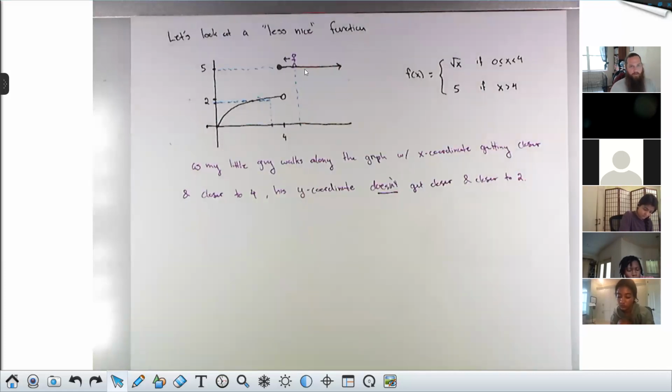In particular, as he comes in from the right, if his x coordinate is to the right of 4, like it is here, as he comes in closer and closer to 4, his y value is just always going to stay 5. At some point, he's going to make a big jump down here. But in particular, his y coordinate is not getting closer and closer to 2 as he comes over from the right.